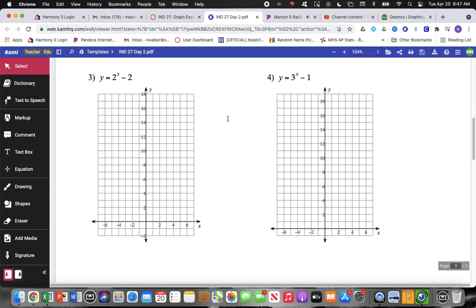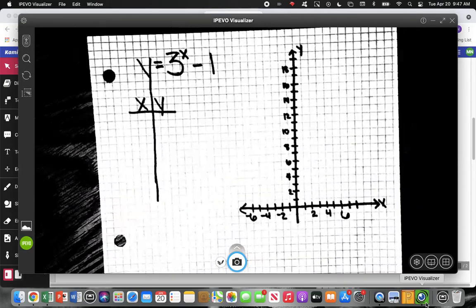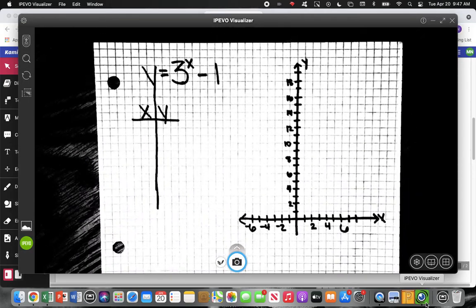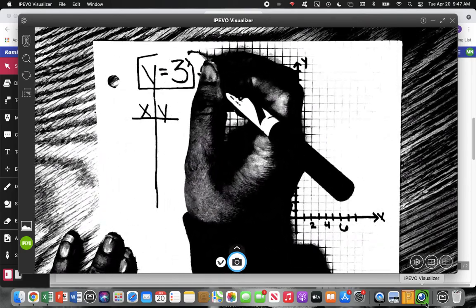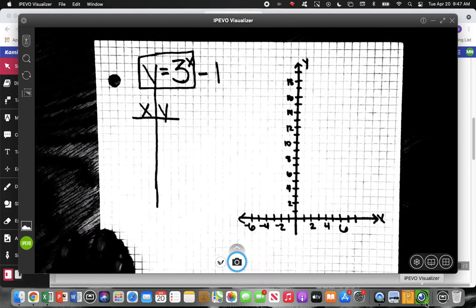All right, so for number 4, we have something that looks like this. What's our parent function there? What's the base? All right, 3 to the x. So this is what we want to make our table for.